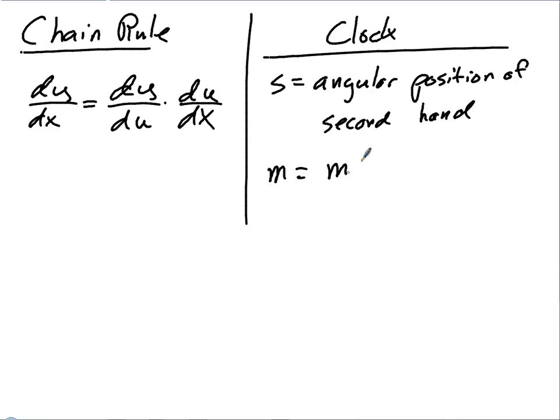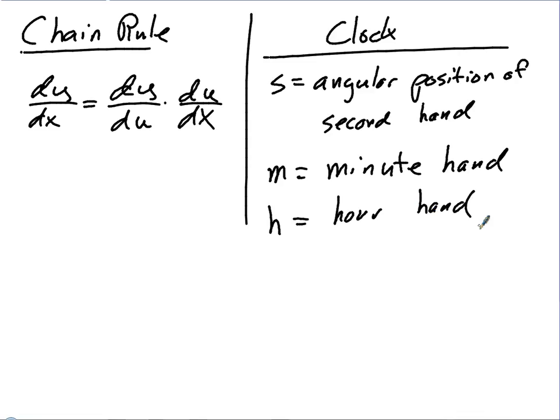M is going to be the minute hand, same thing, angular position. And H, of course, the hour hand. These obviously turn at different rates, right? The second hand is a lot faster than the minute hand, which is faster than the hour hand, right?